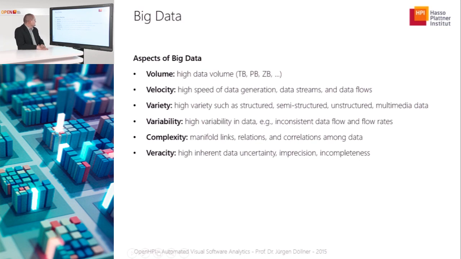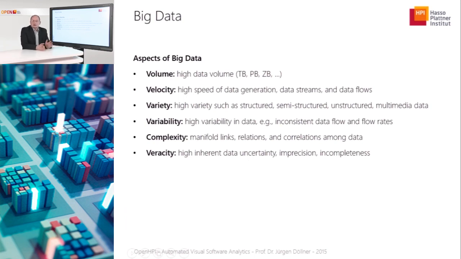Another aspect is variability. That means the data flows, the data delivery may be inconsistent. Also, the flow rates may be different over time. Another aspect is complexity. Complexity means within big data we find manifold links, relationships, and correlations among the data.